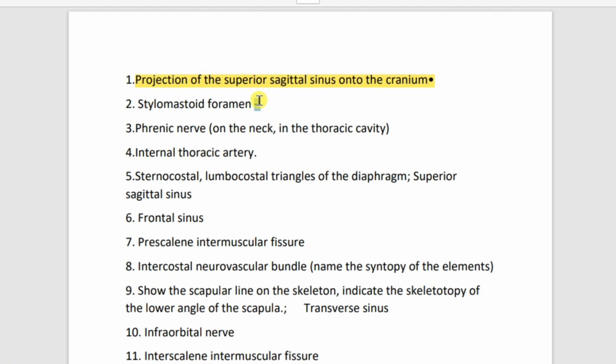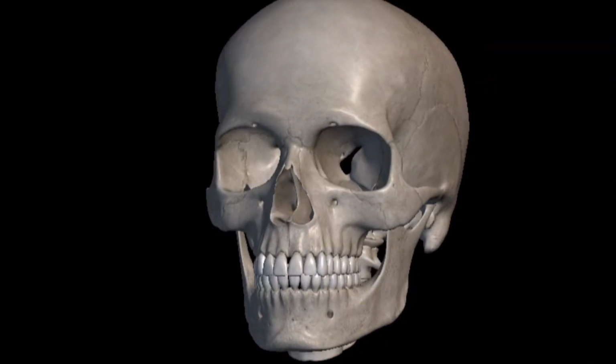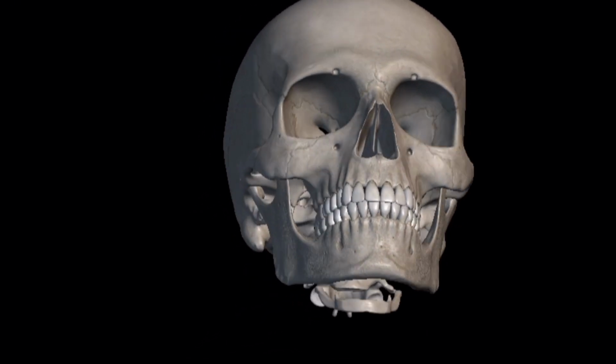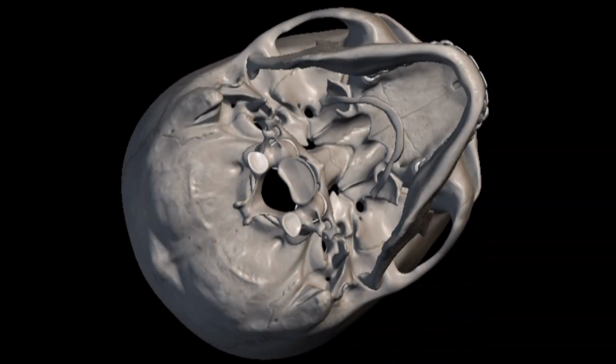Next we have the stylomastoid foramen. So guys, let's have a look at this stylomastoid foramen on the skull. Let's see what it is.